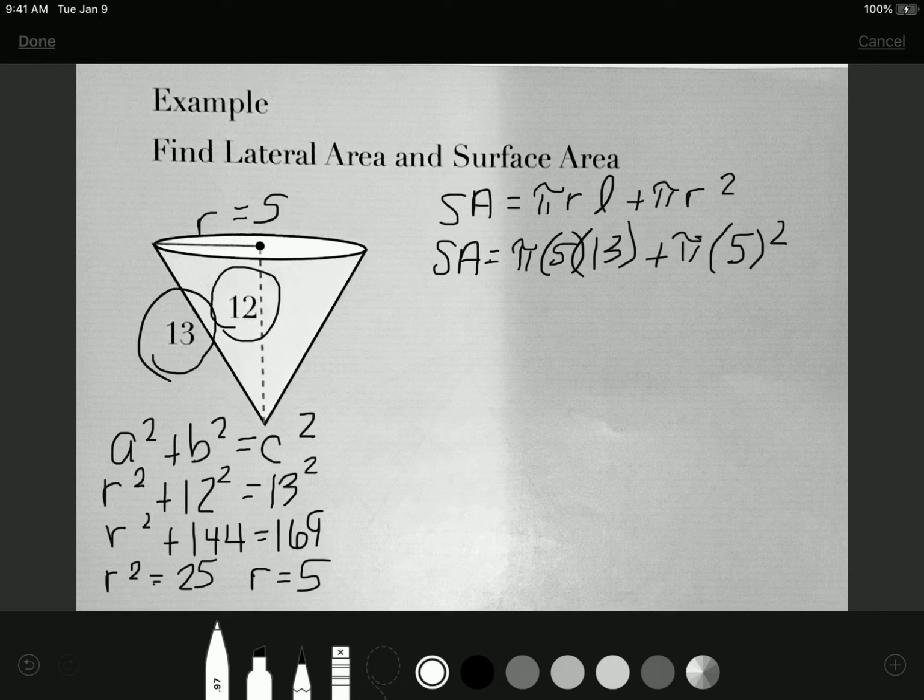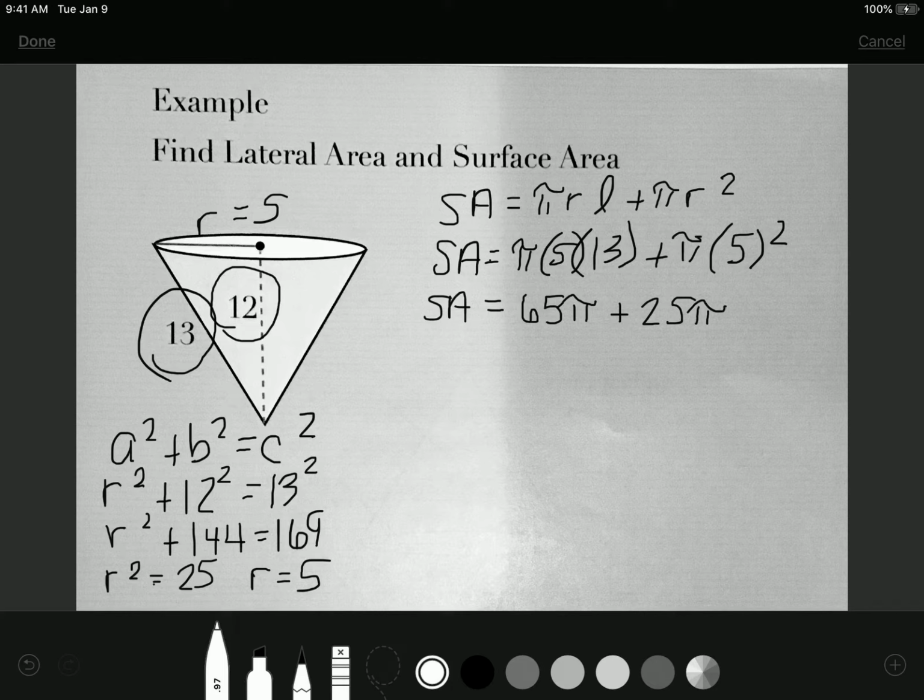Now I'm going to leave pi for as long as I possibly can here. So 5 times 13 is going to be 65, so we get 65 pi. And then 5 squared is just 25, so we get 25 pi.